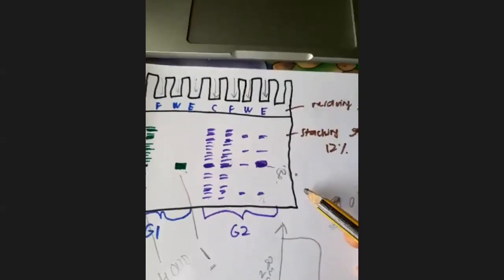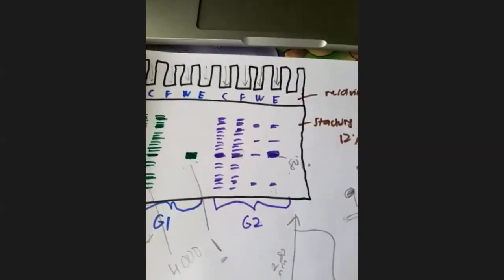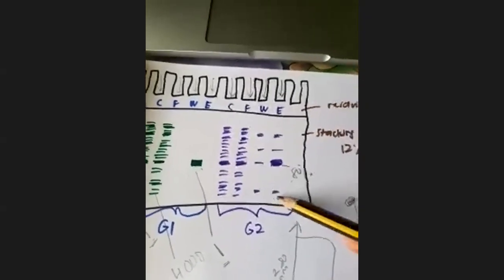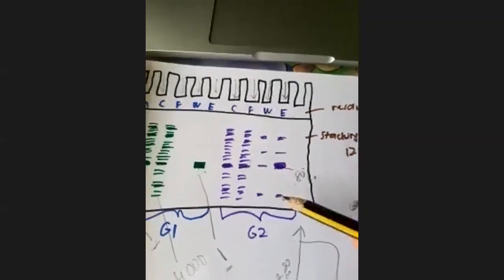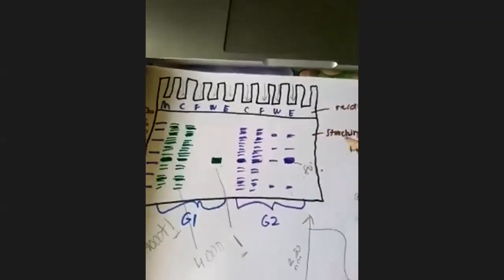When you have other impurities here, it will reduce your fold. See the purification fold: how many fold have you increased in terms of the specificity, for every gram of it? Because these other bands will contribute to the protein reading.